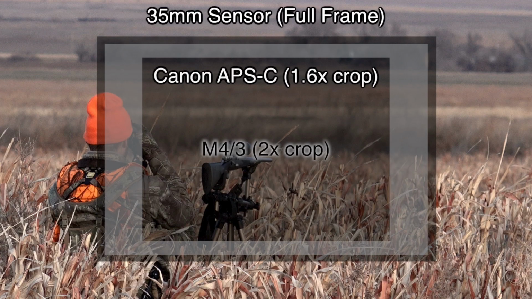Nah, I'm just kidding. But anyways, there you go, guys. Hopefully this helped you out and gives you a base foundation of what crop factors are and how you can use them, especially when you go to buy new gear or when you're planning out filming projects, especially if you need to get extra zoom on your cameras. Keep that in mind.